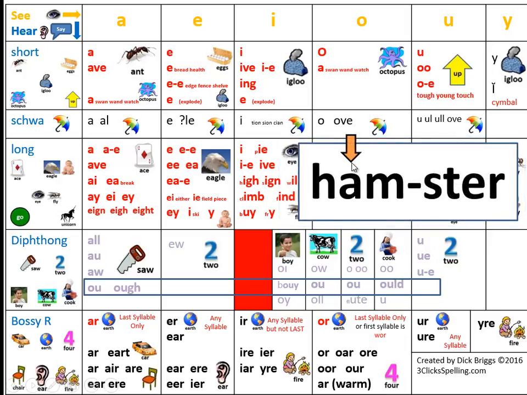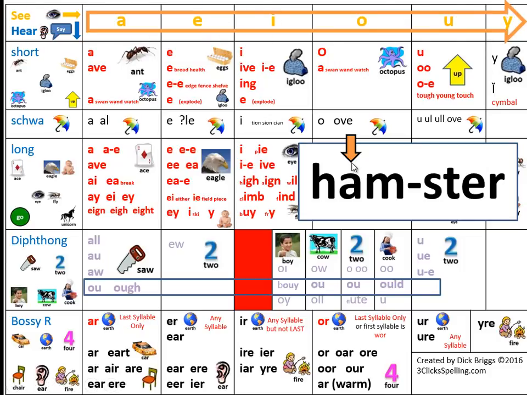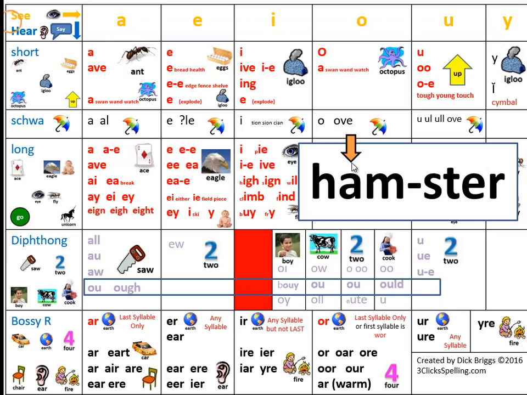Let's find our first vowel. Again, we can do the sequence. Go with the highest one. A. So we're going to start with A. Ham.